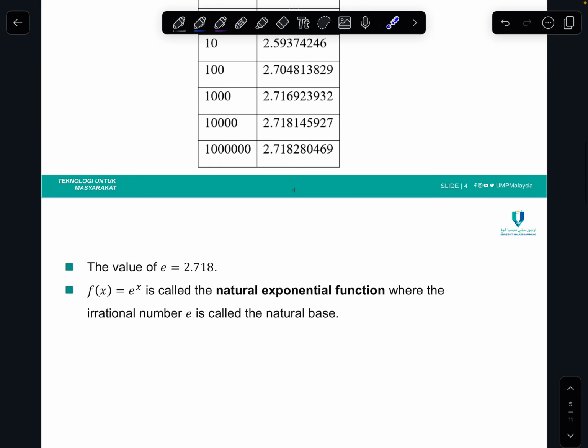So in conclusion, the value of e, the natural exponential, equals 2.718. You can press e and 1 on your calculator, e to the power of 1, and this will equal 2.718. e is called the natural exponential function, where the irrational number e is called the natural base.